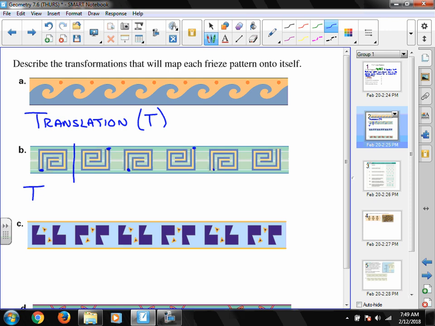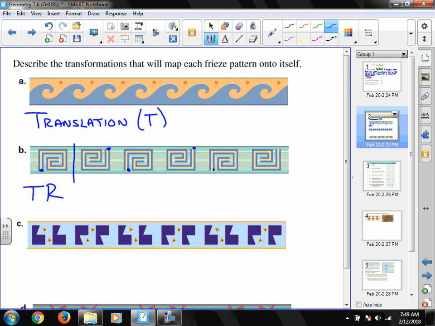All I'm doing is I'm rotating that image. So I have a rotation of 180 degrees. So I put that R there, and there's going to be all of the transformations that we used to create this pattern. So there's kind of that border pattern.